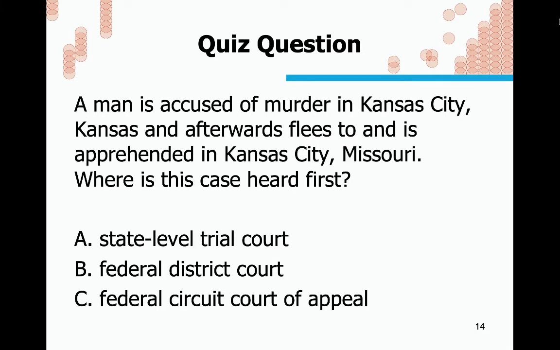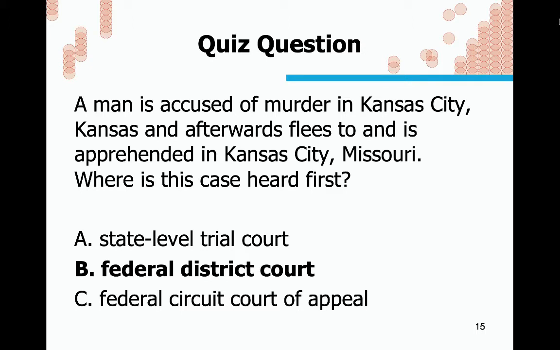So another quiz question. A man is accused of murder in my hometown of Kansas City, Kansas, and then afterward flees to and is apprehended in Kansas City, Missouri. Where is this case first heard? Tick, tock, tick. Federal court. And that's because state lines were crossed in the commission or immediately thereafter of the act, right?